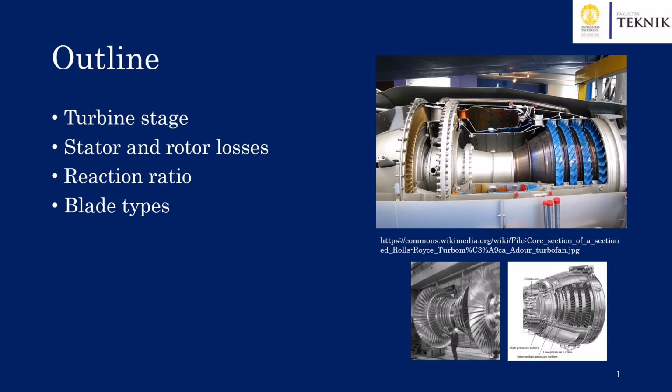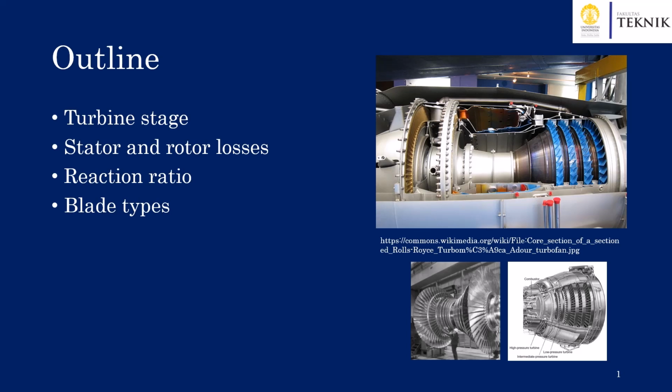The story of the axial turbine began around the late 19th century, around 1880, when an English engineer back then, Charles Parsons, began to develop an axial steam turbine for marine applications.